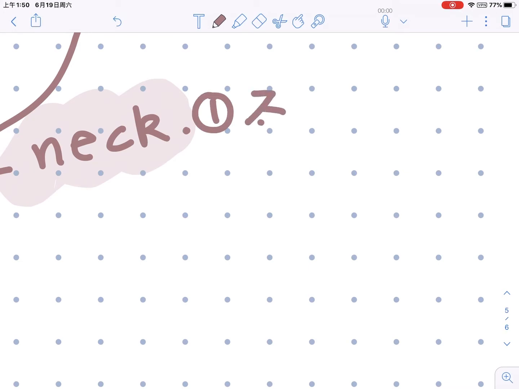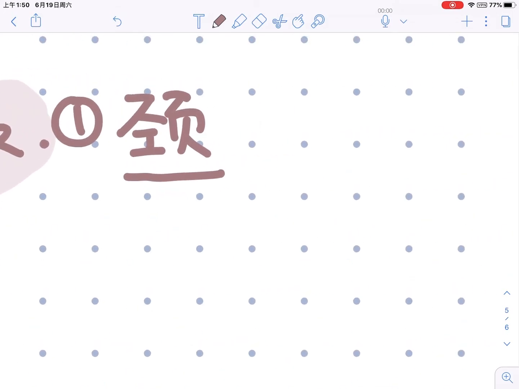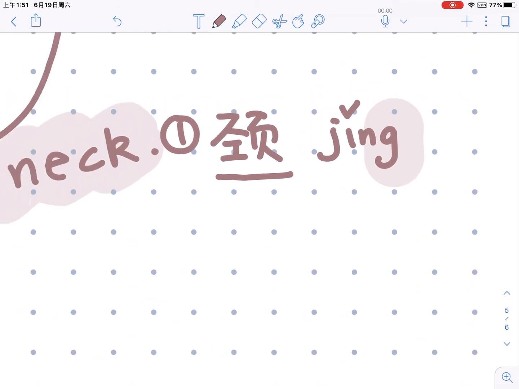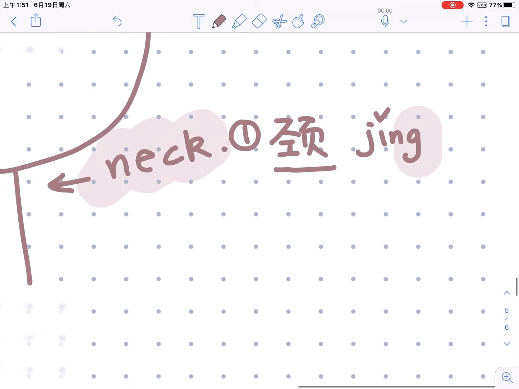It's written like this, and I guess its pronunciation is also a little more difficult for foreigners to pronounce, because its pronunciation is like 颈, because we have a back nasal sound here, right? But if you're just a beginner, I don't think you have to worry too much about the nasal sound. Just pronounce it as it is, 颈, right? And it means your neck.